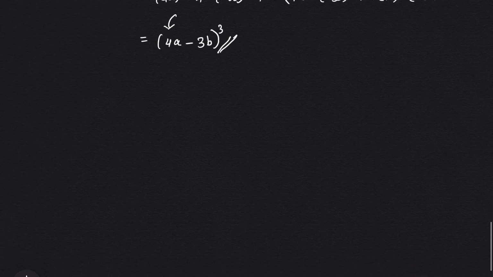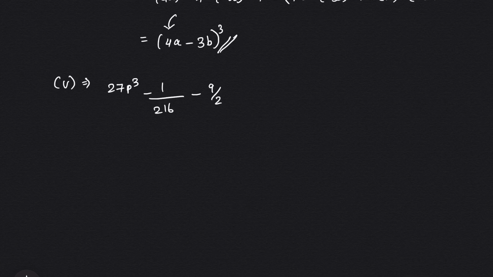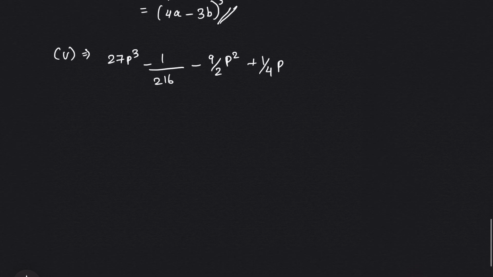Now move to question number 5. The given question is 27p cube minus 1 upon 216 again minus 9 by 2 p square plus 1 by 4 p. So here also compare the regular formula. So the value of x cube equal to 27p cube.